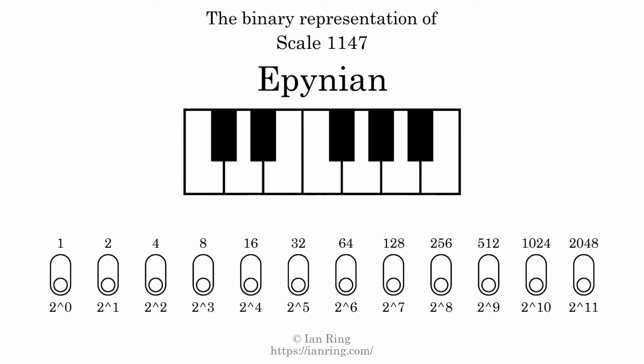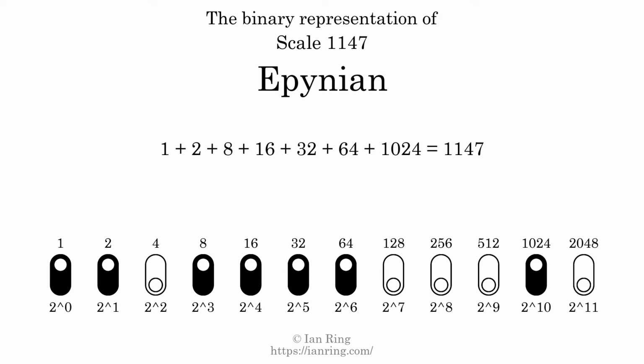The binary representation of this scale is determined by mapping tones of the scale to binary digits. Each binary digit represents a power of 2. To get the scale number, we add the powers of 2 together. The powers of 2 that are present in the scale, all added together, equals 1147.